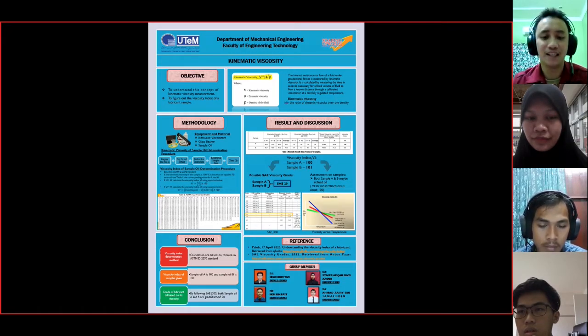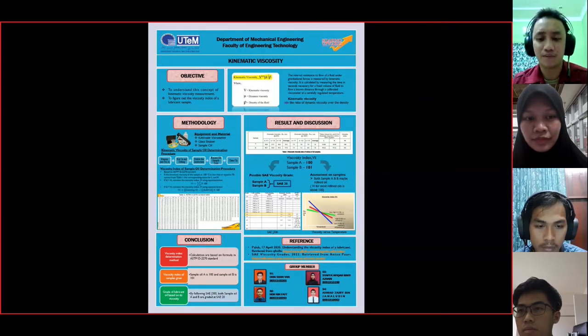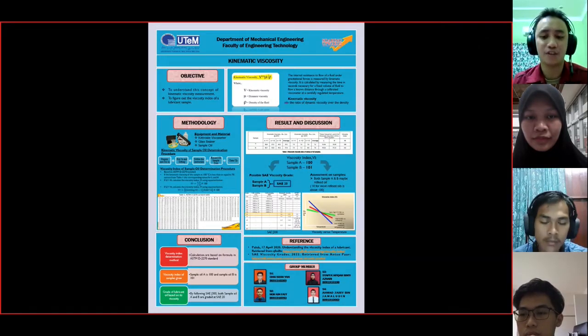The next step is we follow the instructions from the viscometer. When the temperature of 40 degrees Celsius is reached, we need to tilt the viscometer every time the tilt instruction is prompted on the display, and after that the display will show the viscosity of the oil sample.